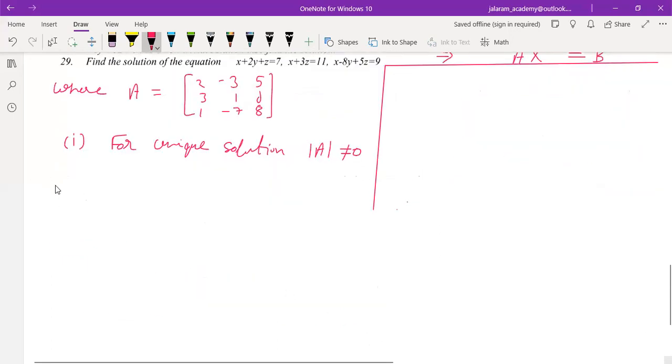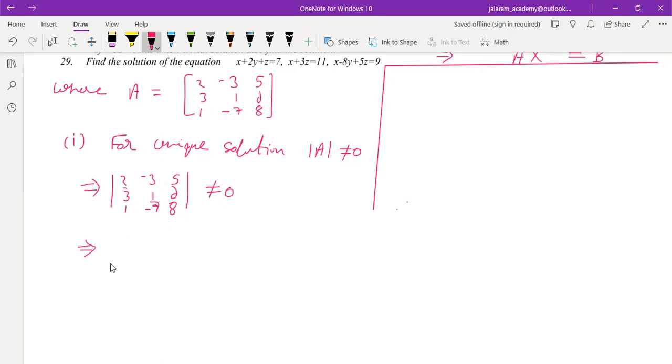So let's find the determinant of A. That is determinant of first row 2, minus 3, 5, second row 3, 1, delta, third row 1, minus 7, 8, is not equal to 0.